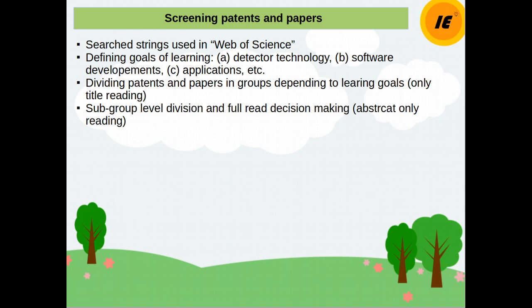Then you can save it into a different folder or just mark it as something you want to read fully. If not, then just take a 1 or 2 line note about what the paper is about.